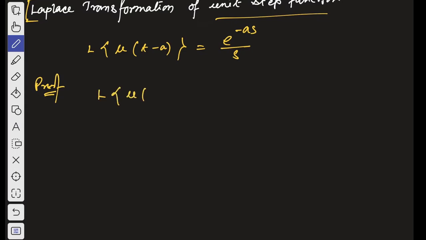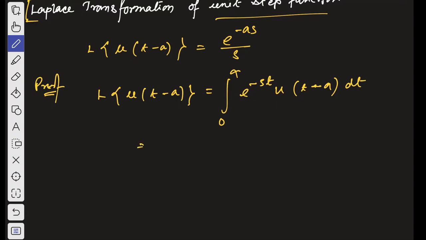Now if you find the Laplace transformation of the unit step function u of t minus a, then by the definition of Laplace transformation, you should get integration from 0 to infinity e to the power minus st u of t minus a dt, right?